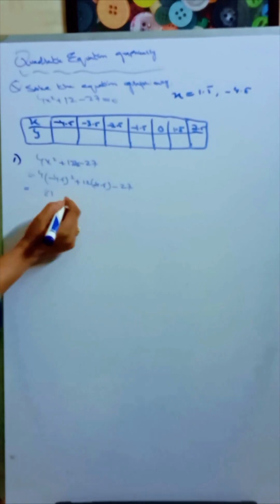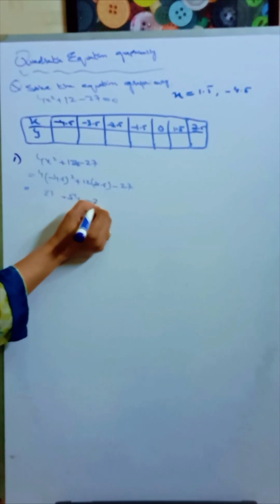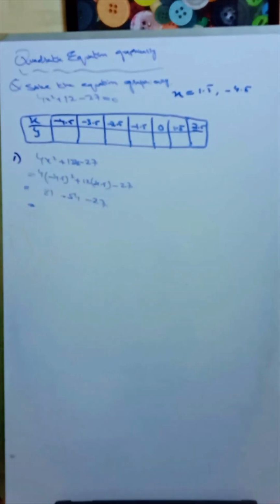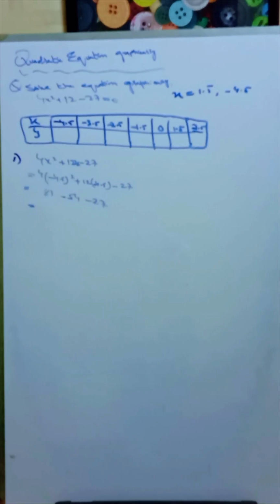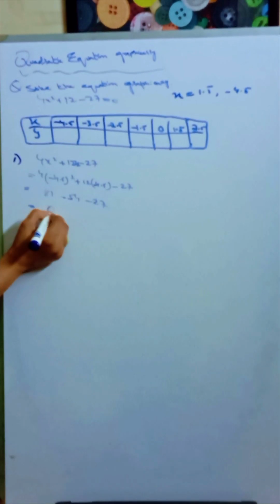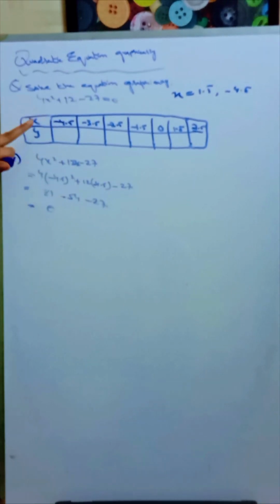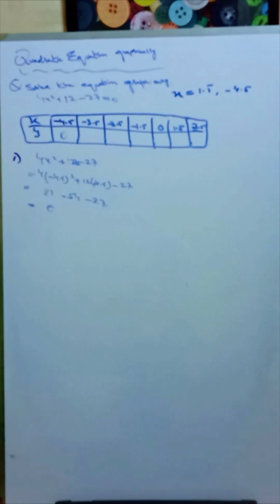So minus 54, minus 27. 81 minus 54 is 27, 27 minus 27, the answer is 0 here. So at x equals minus 4.5, the value of y is 0.